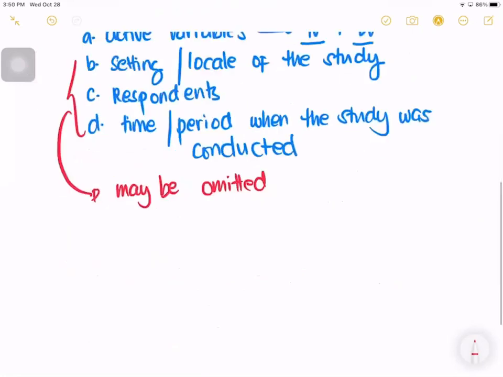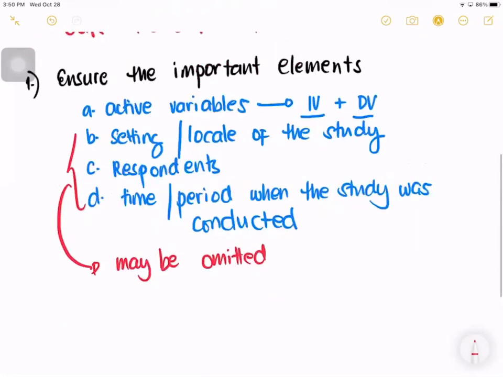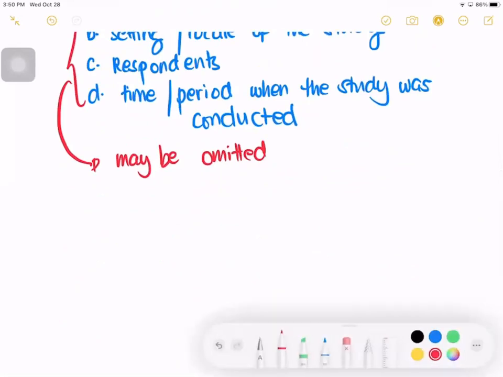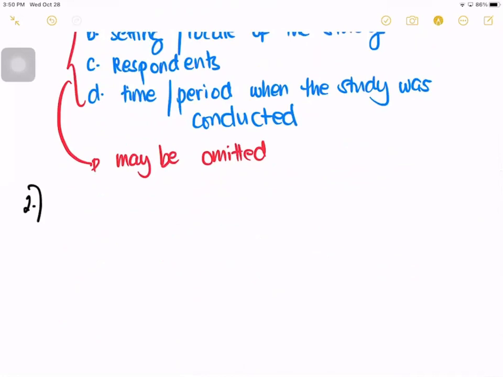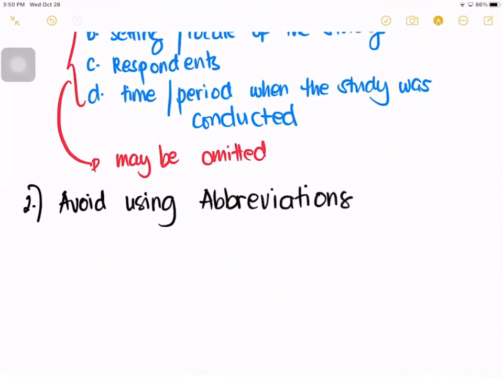Next guideline in formulating your research title is that you need to avoid using abbreviations. So no abbreviations as much as possible. If you cannot avoid using abbreviations, you might just mention that in your background of the study and or in your abstract.